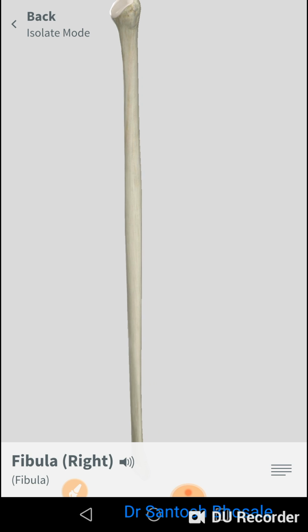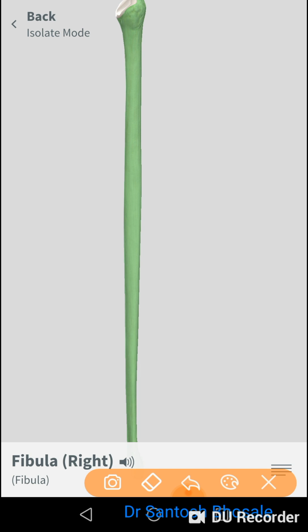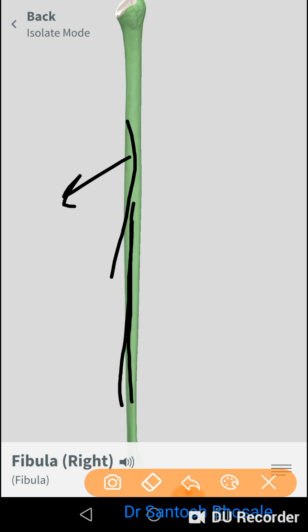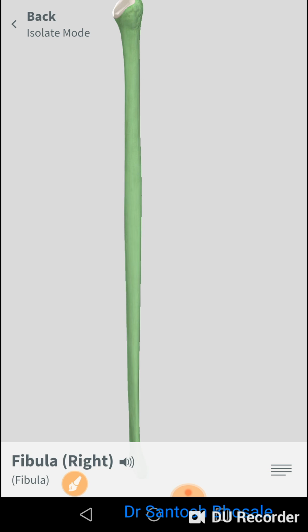The posterior surface is divided into two areas by a median crest. It has an anterior concave part and a posterior flat part. Again, that is divided by a median crest into middle and lateral parts. That is the posterior surface of the shaft.